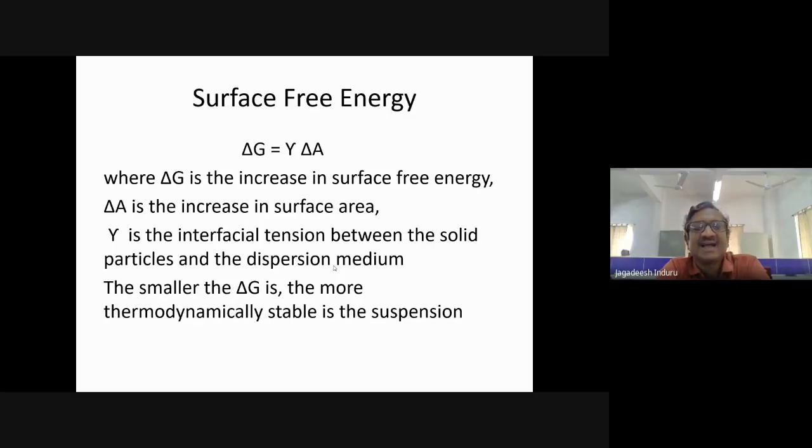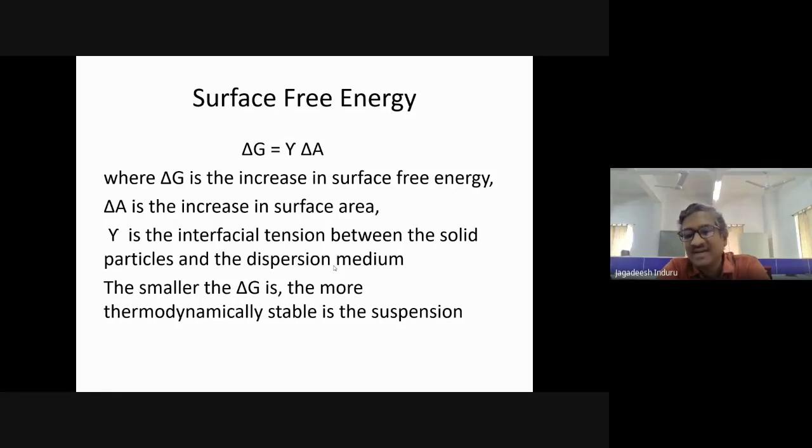When you add them, you reduce the interfacial tension, and we get better stability. It means even though we are decreasing particle size and enhancing surface area, we can keep the interfacial tension lower, so that the surface free energy stays lower and the suspension stays stable.